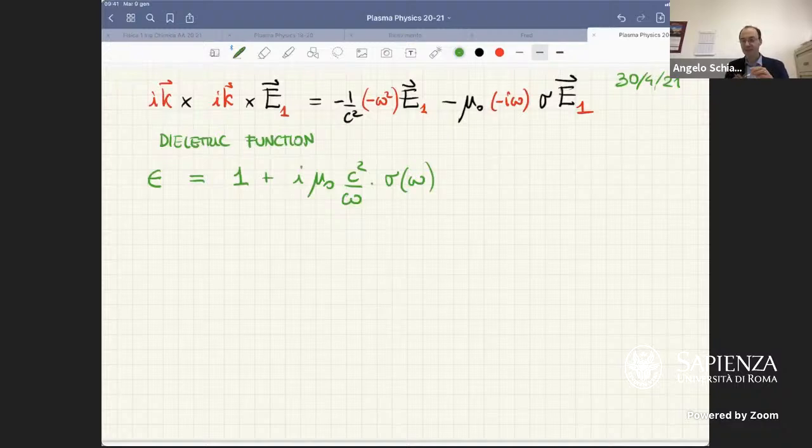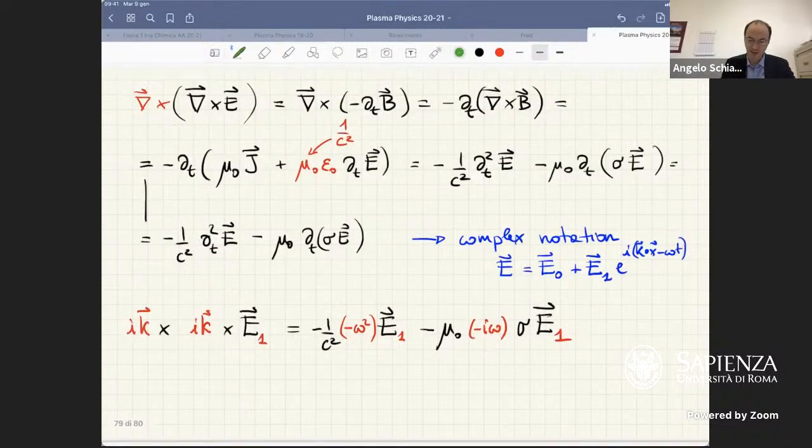As you can see, this is reminding us of epsilon, the dielectric constant. Epsilon naught, if you remember, this symbol here is the dielectric constant of vacuum. Epsilon r is the relative dielectric constant with respect to vacuum.